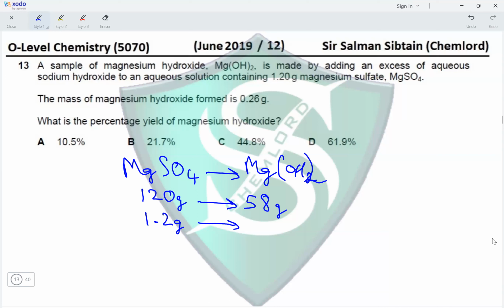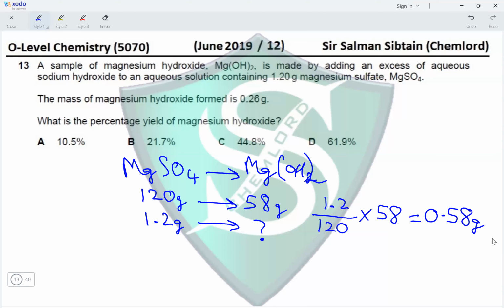So 1.2 grams will produce how much magnesium hydroxide? We calculate this by dividing 1.2 by 120 and multiplying by 58. So we end up with an answer of 0.58 grams. This means that if the process was 100% efficient, we would have obtained 0.58 grams of magnesium hydroxide.